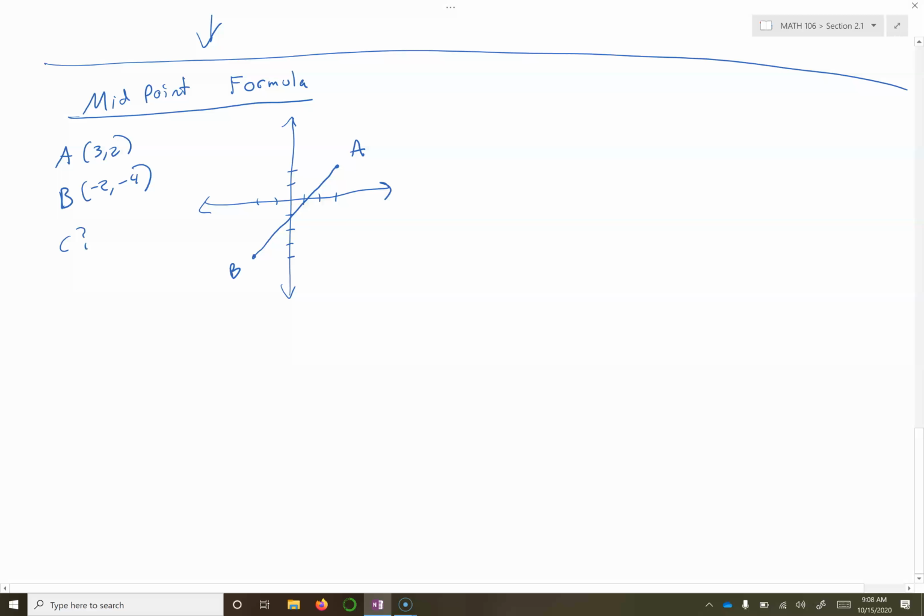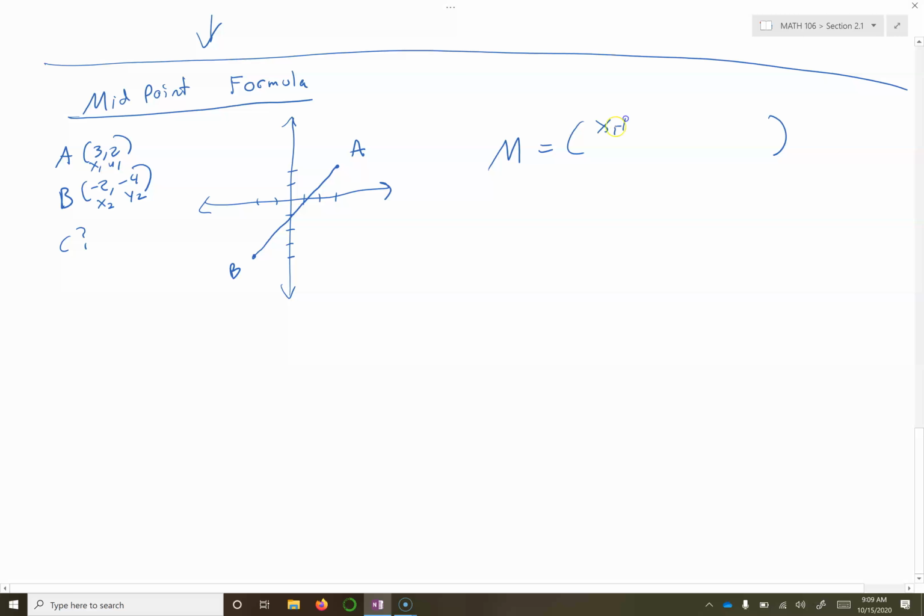All right. So here's the formula for that. All right. So again, you have to have two coordinates. So let's say A is x1 and y1, and B is x2 and y2. Here is the formula. And again, you don't have to memorize it. The midpoint is, again, we're going to get a point here.